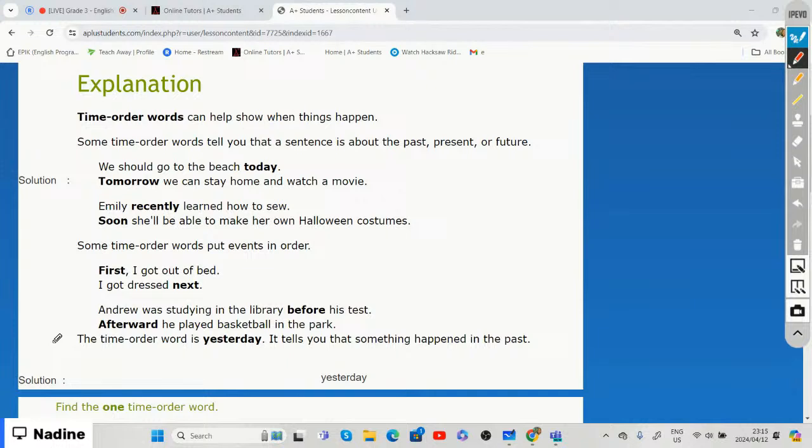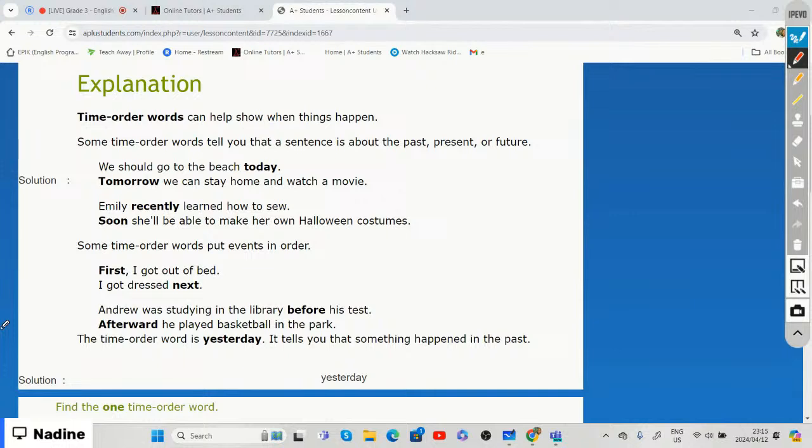So you are basically giving us a description or a sequence of events of the things that you do in order, from when you get up in the morning until the time that you go to bed. So now, step by step, we will be able to know, okay, this is what he or she does first, and then, secondly, this is what he or she does. Thirdly, thereafter, next, soon, recently, those are the type of things.